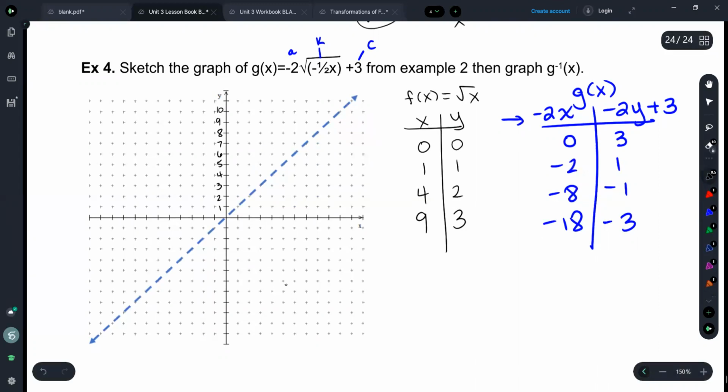Oh, actually, because we're going to do the inverse, we'll have to do the scales the same for both of them. So let's go by 2s for everything. Sorry.